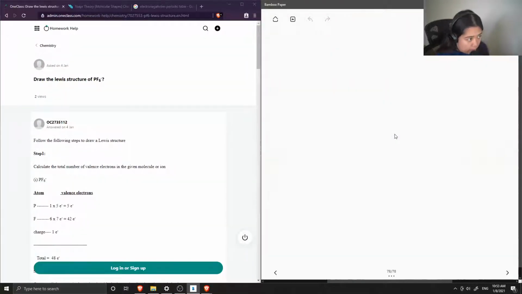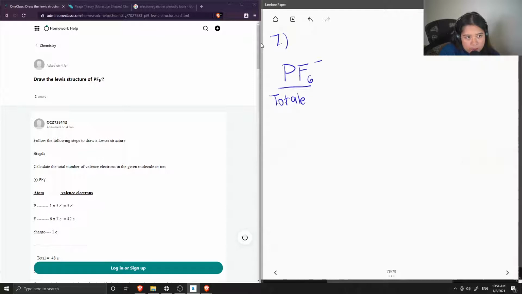Question 7. What is the Lewis structure of PF6 minus? So first, let's find the total valence electrons of this ion.